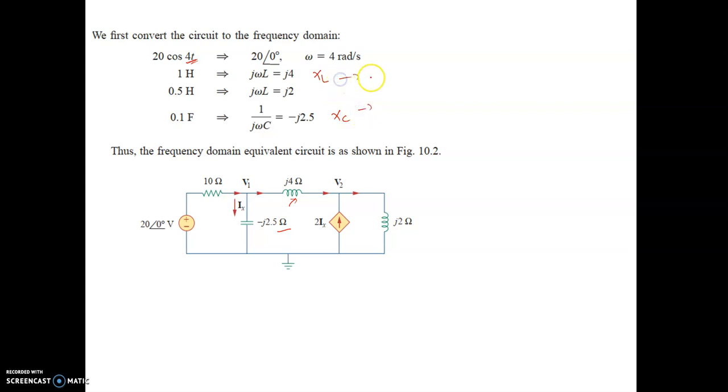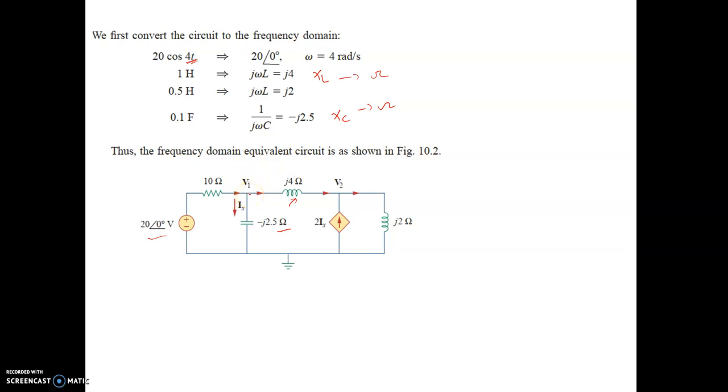So all these are in ohms. Here the source is 20 at an angle 0 degree. Once you convert everything and modify the circuit, then you can apply nodal analysis.